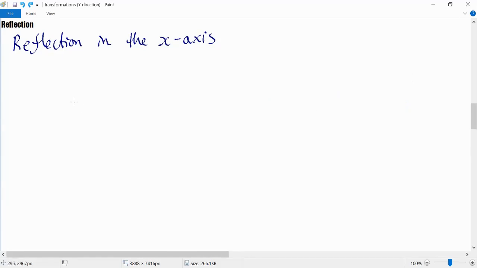Now, as for applying it, the best way to view a reflection in the x-axis is as a stretch scale factor -1 in the y direction. Now we can't call it that because that's not specific enough, but that's what it effectively is. So basically, same idea as how you apply a stretch in the y direction, taking the entire function and multiplying it by something.